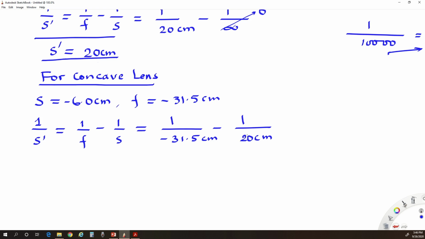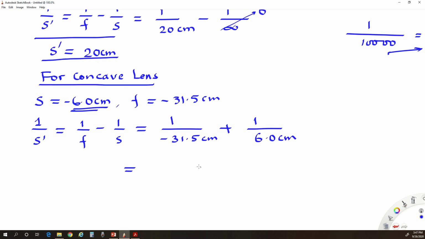Sorry, not 20 centimeters, my mistake. Let me correct that. That's the object distance, minus 6 centimeters. So we have minus, and we have minus here, so I can multiply minus and minus, that becomes plus 1 over 6 centimeters.